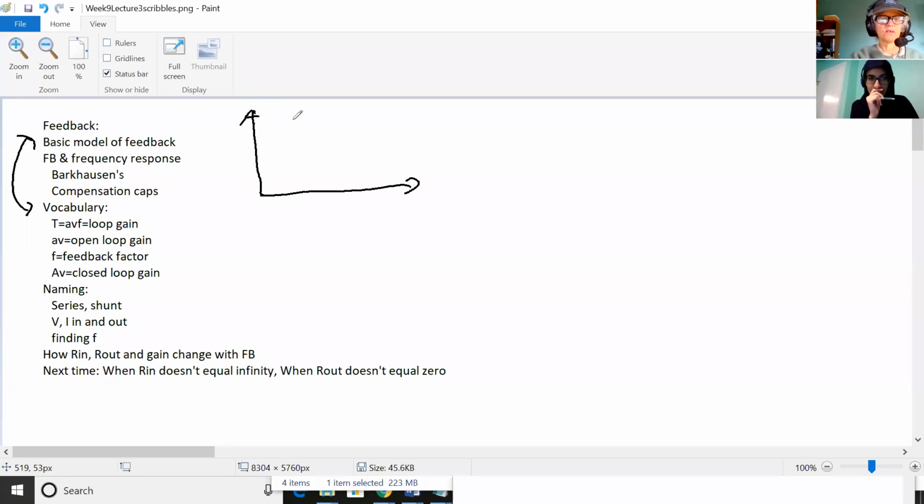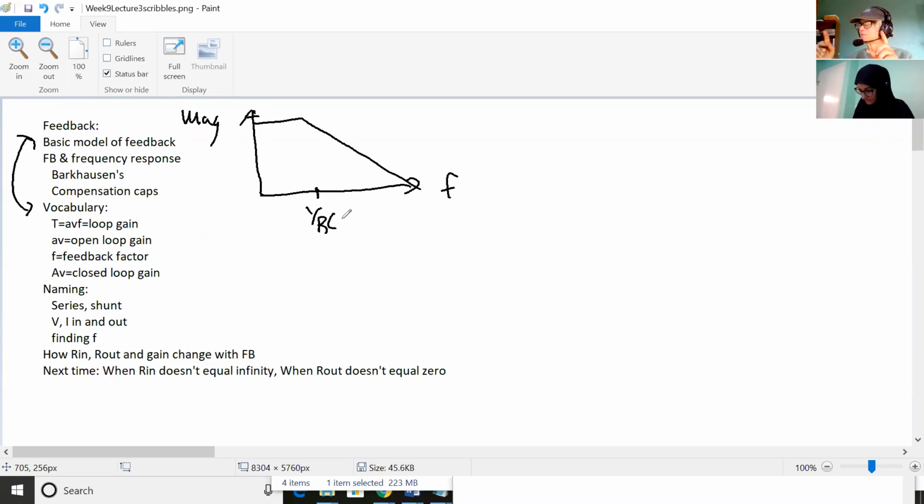Remember our underlying op amp might have a corner frequency here. If it's a 3-stage op amp, it has an input stage, a gain stage, and an output stage. That means between the input stage and the gain stage there's a pole, and between the gain stage and the output stage there's a pole.